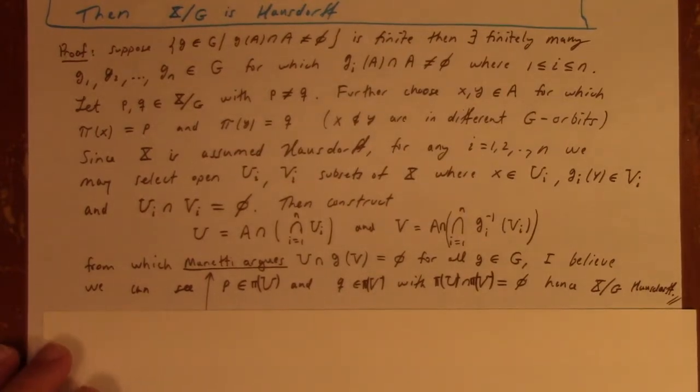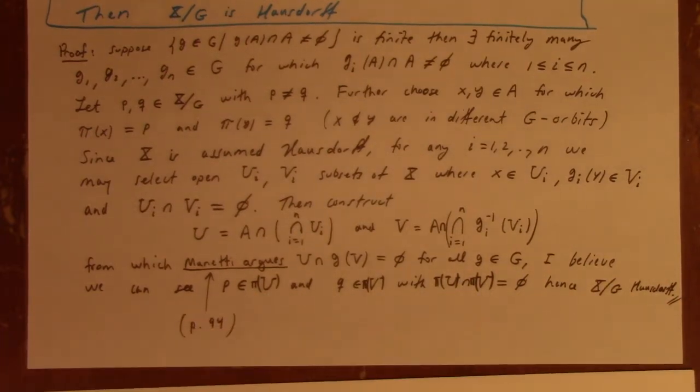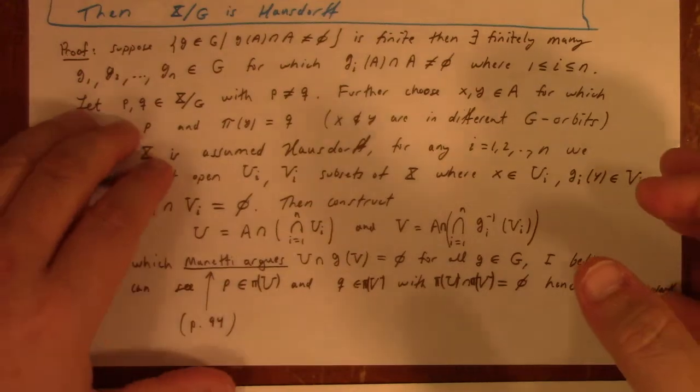The reason that P is in pi of U is because x is in U and pi of x is equal to p, which means p is in pi of U. And likewise, y is in V, therefore pi of V contains pi of y, which is q. So p's in here, q's in there, and they separate. So therefore it's Hausdorff. All right, anyway, sorry.